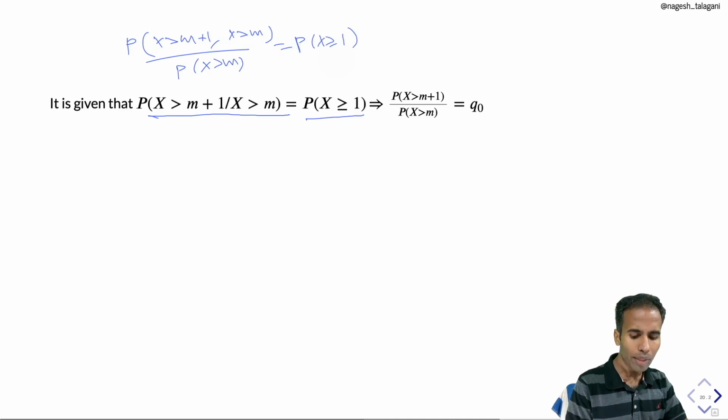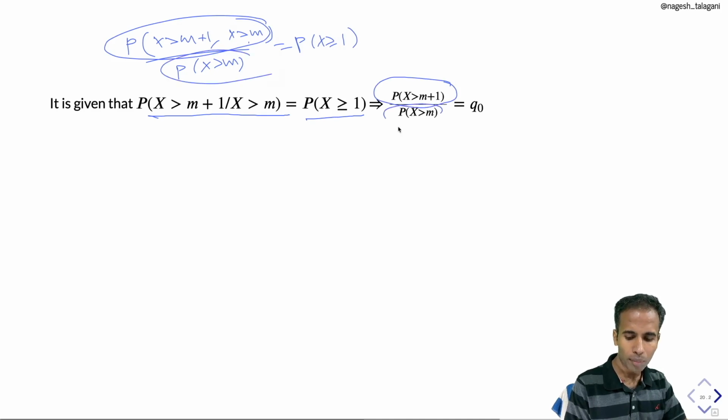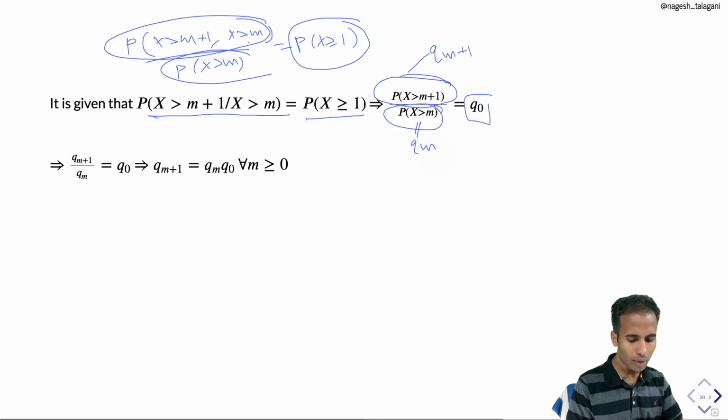Now whenever X is bigger than m plus 1, X is also bigger than m, so the numerator we can simply write as probability of X bigger than m plus 1, the denominator the same, probability of X bigger than m, and probability of X bigger than or equal to 1 in terms of these q_m's we can write as q_0. Now this one we can write as q_{m+1}, and this one we can write as q_m. So we end up with a recurrence relation.